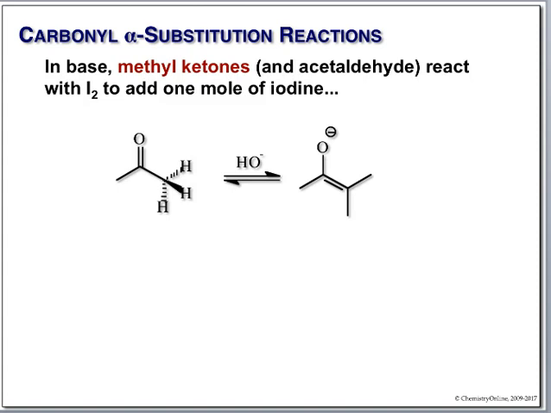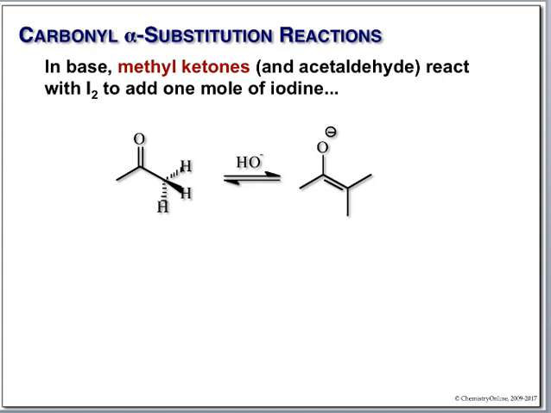Now there's one particular halogenation reaction that is very notable when it comes to aldehydes and ketones. And this is called the iodoform reaction. If you take a methyl ketone or a methyl aldehyde in the presence of base and iodine, well, we can pretty much figure out what's going to happen.